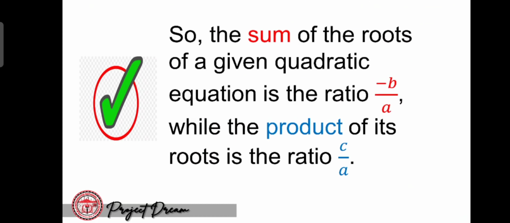So, remember that the sum of the roots of a given quadratic equation is the ratio negative b over a, while the product of its roots is the ratio c over a.